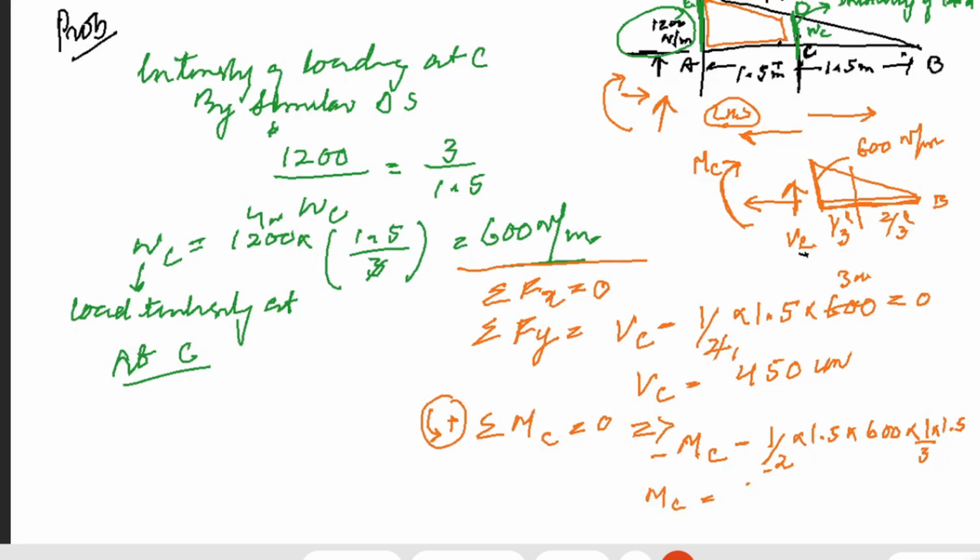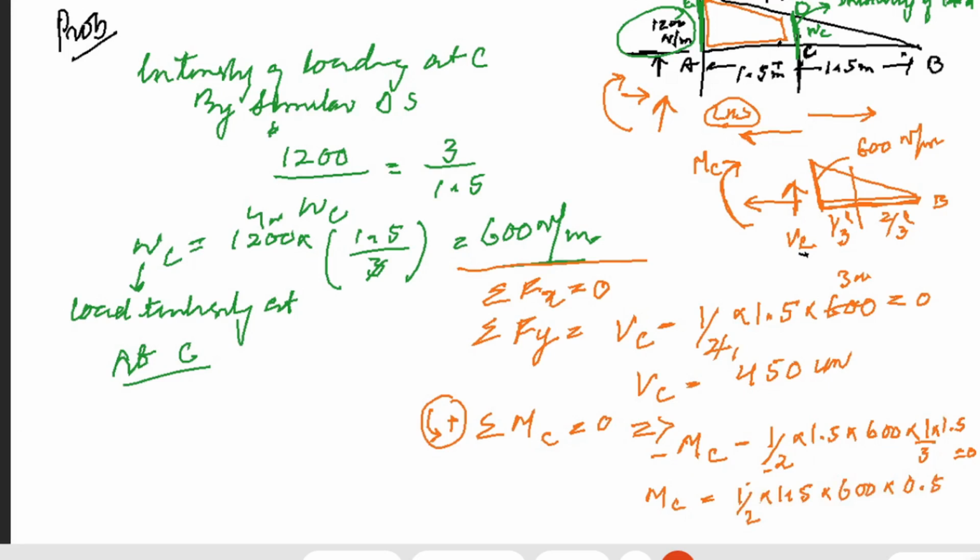There is nothing else, it is equal to 0. 1 by 3 of 1.5 is 0.5. So it is 1 by 2 multiplied by 1.5 multiplied by 600 multiplied by 0.5.